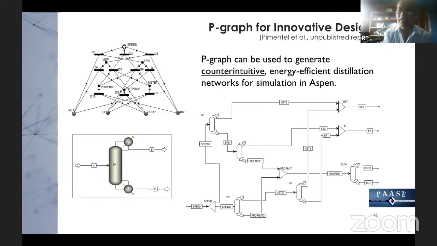And there is a risk that design engineers, no matter how experienced they are, could miss very promising and very innovative designs. So what pGraph is able to do, by being able to enumerate every possible structurally feasible design, can actually discover counterintuitive designs with interesting features, such as those which are energy efficient. Next slide, please.